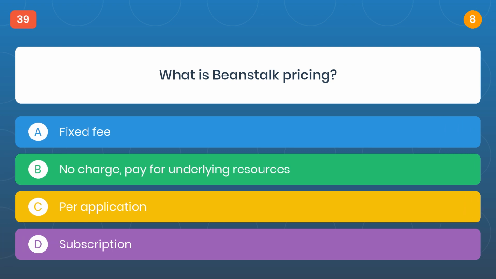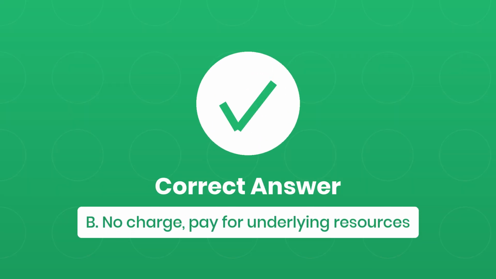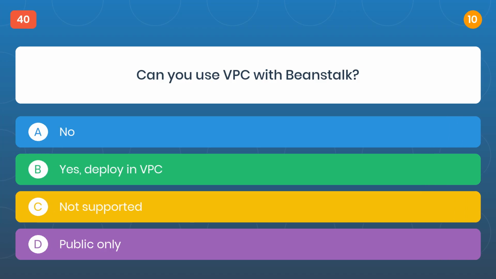Question 39. What is Beanstalk pricing? The correct answer is B, no charge, pay for underlying resources. Question 40. Can you use VPC with Beanstalk?